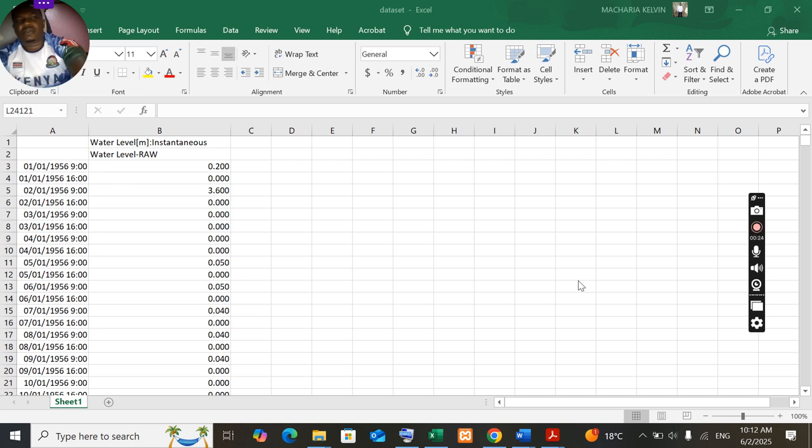On that, we shall look at the four main types of data analysis: the descriptive analysis, the diagnostic analysis, the predictive analysis, and the prescriptive analysis. So we shall deal with those four main types of data analysis.